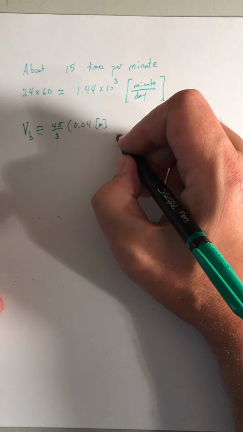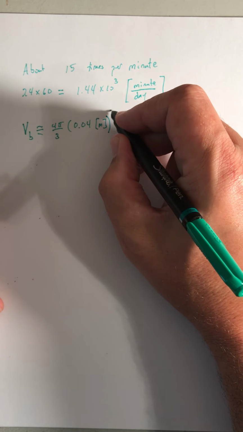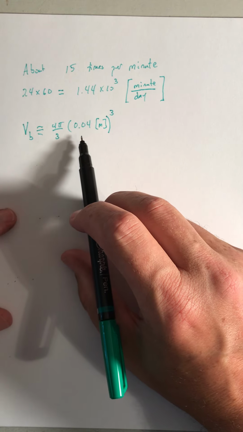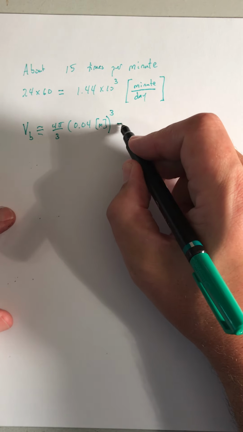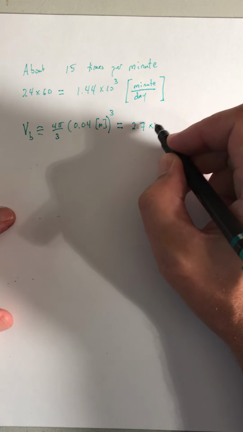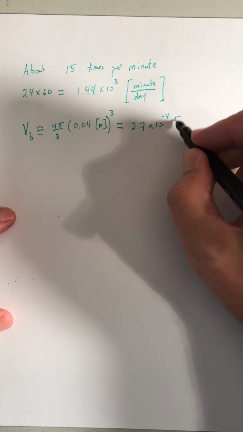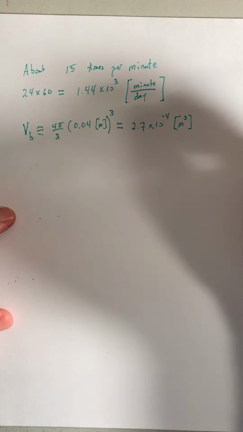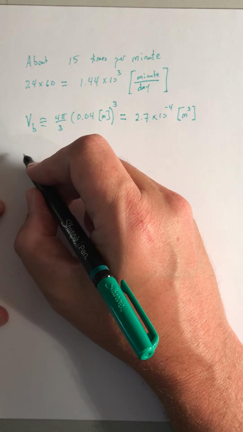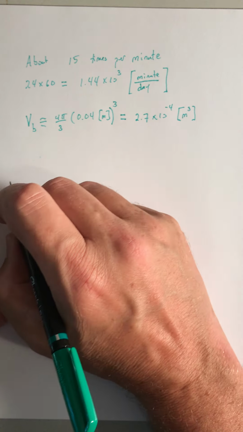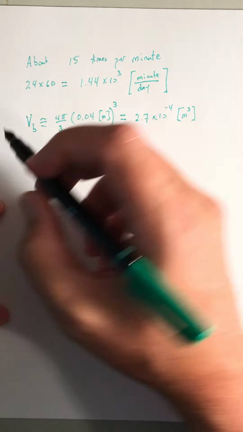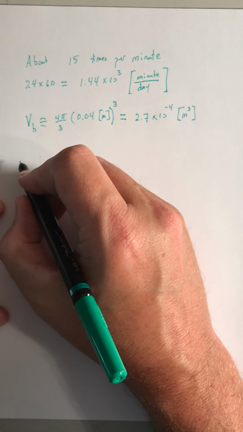So 4 pi upon 3 r cubed, and estimated that radius to be about 4 centimeters, which is about 1.5 inches, and that works out to be 2.7 times 10 to the minus 4 cubic meters for one breath. So then the volume over a day I get from number of breaths in a day times the volume occupied by one breath.